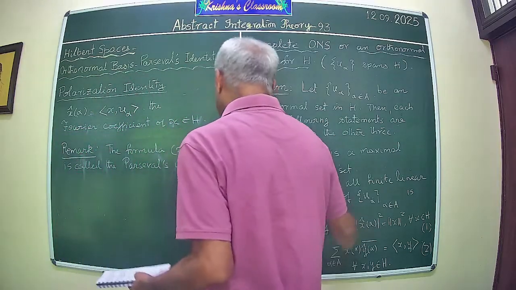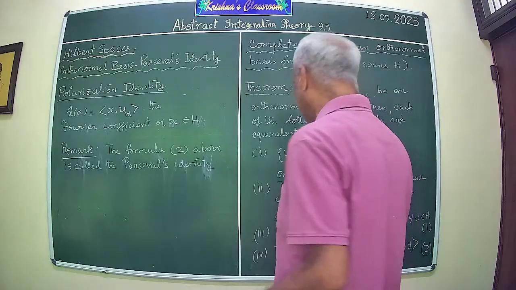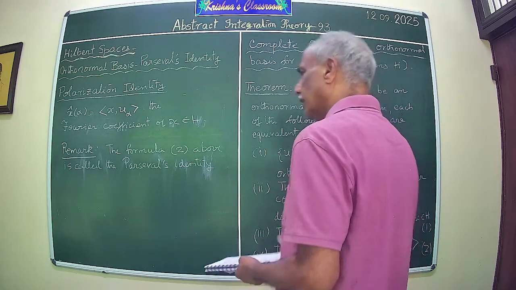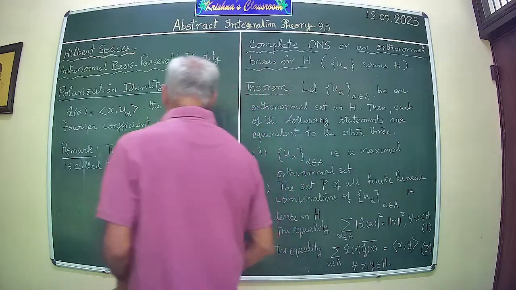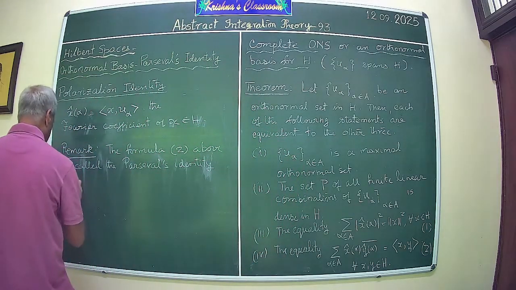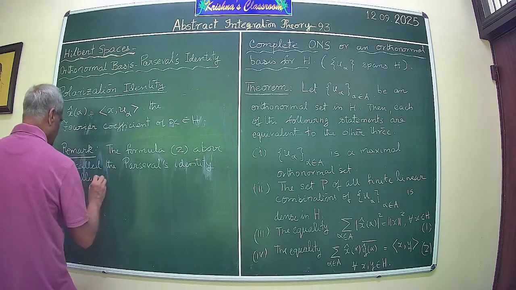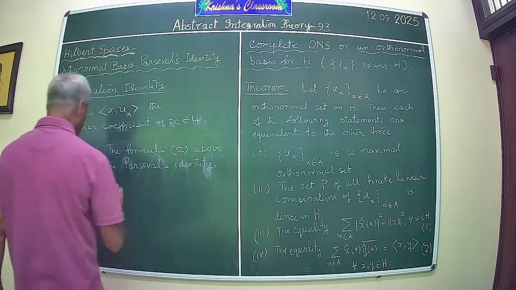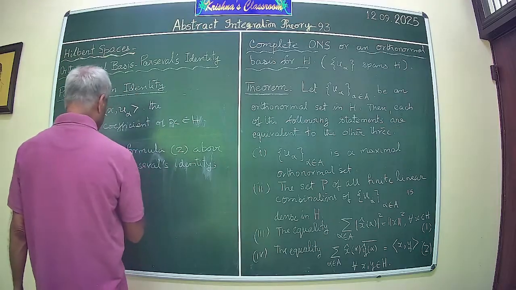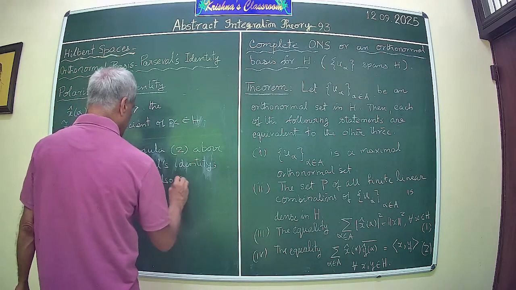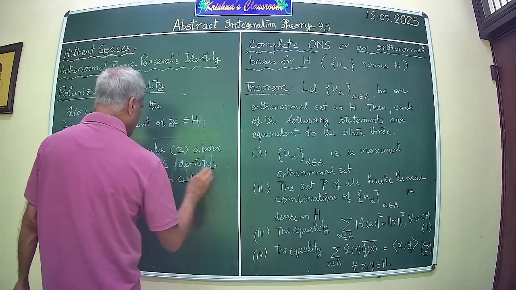And once we prove this, the equivalence of 3 and 4, 3 is also called the relation 1 is also the Parseval's identity.